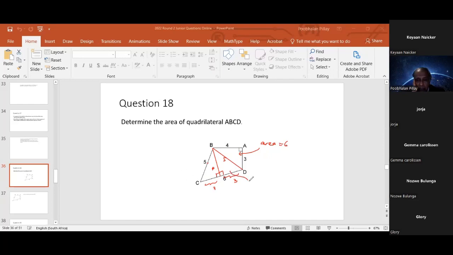So the area of this is half the base, which is half of 6, times the height. That gives you 12. 6 times 4 is 24, divided by 2. So the area of this triangle here is 12. The area of this is 6. So the answer is 12 plus 6, which is 18 square units. Units are not given.